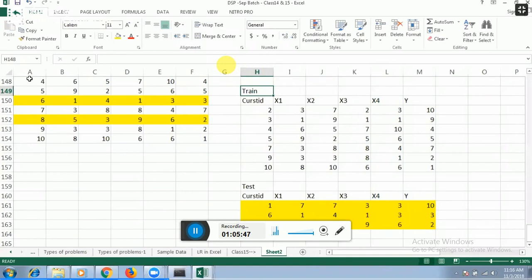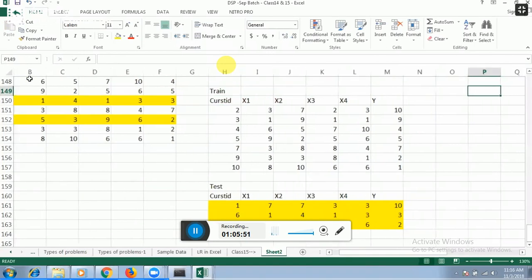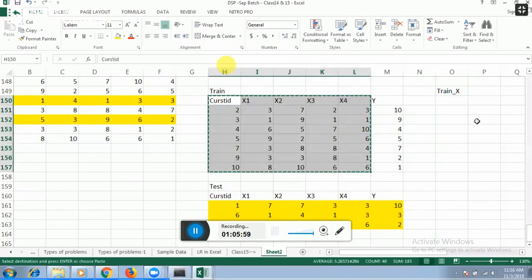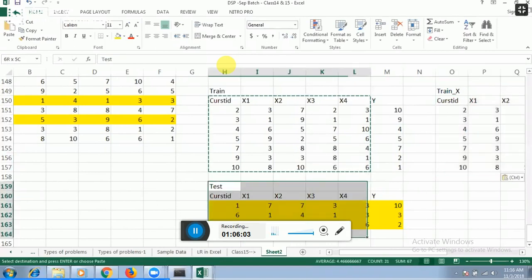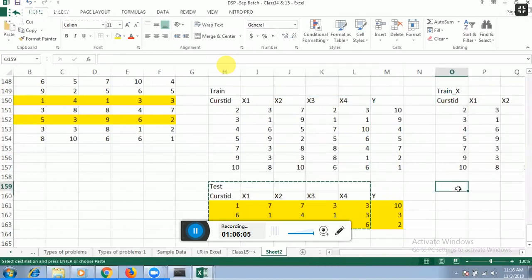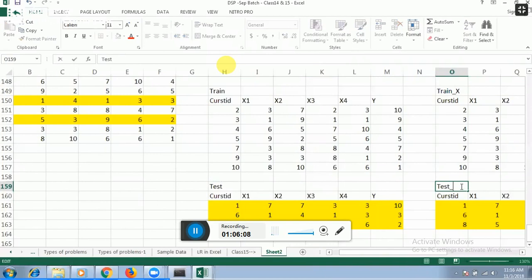But if I want to get a train X separately, train Y separately, how will you do that? So what is your train X? This is my train X. And the test X, this is my test X. And what is your train Y?